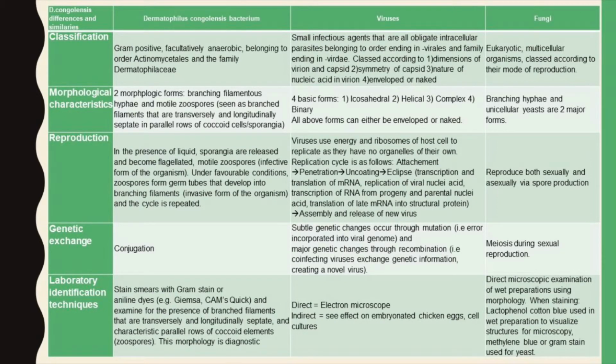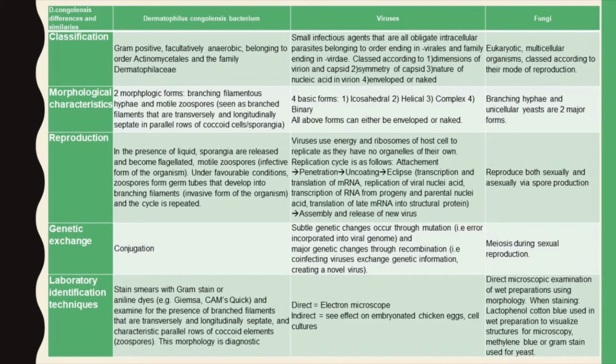For D. congolensis, one can stain smears with gram stain or aniline dyes and examine for the presence of branched filaments that are transversely and longitudinally septate. Viruses can be directly visualized via an electron microscope or indirectly by looking at the effect on embryonated chicken eggs and cell cultures.